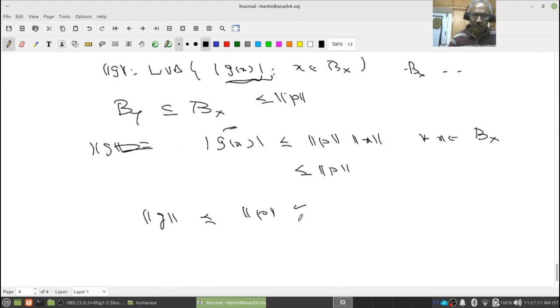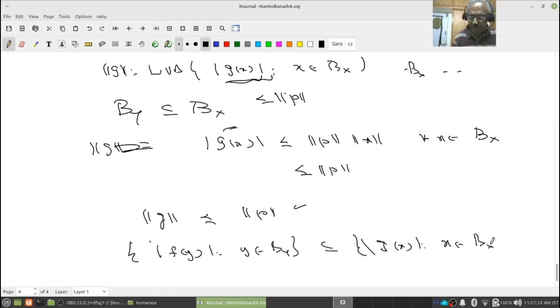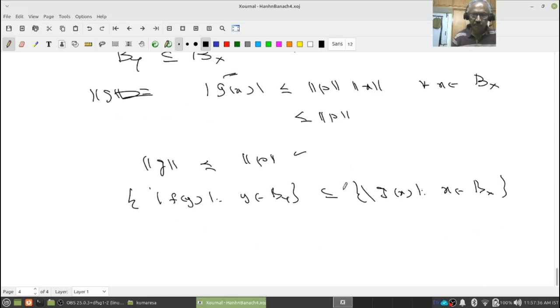Each one of these numbers is less than or equal to norm p. Therefore, their LUB will also be less than or equal to norm p. Is that clear? But these numbers, this is a subset. What is the subset? Modulus f of y, y in B of Y, is a subset of modulus g of x, x in B of X. Because if y belongs to B of Y, then B of Y is contained in B of X, and g of y is nothing other than f of y, because g is an extension of f.